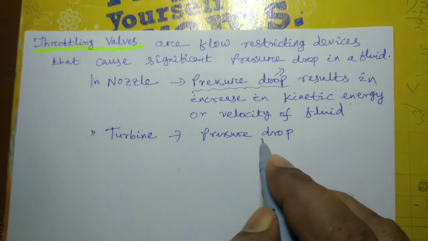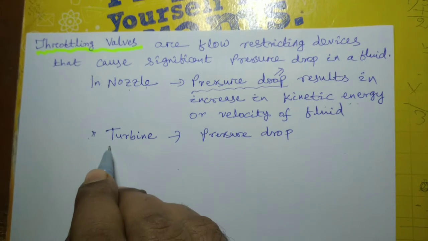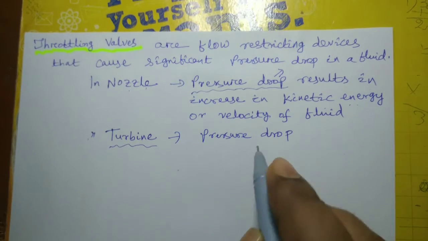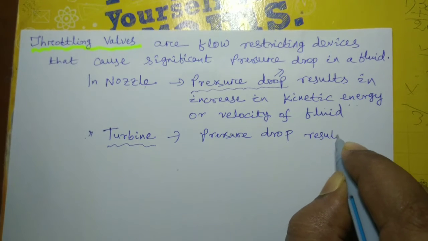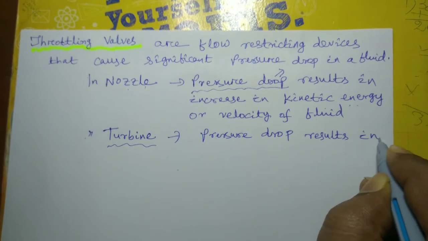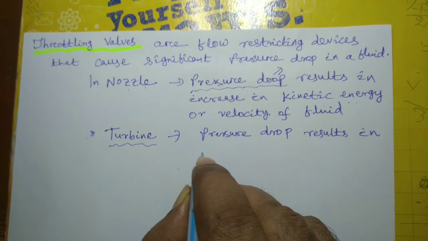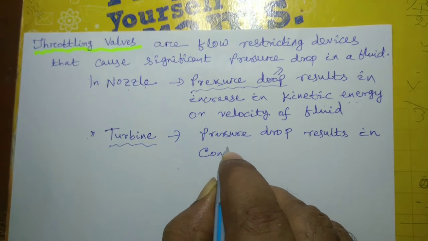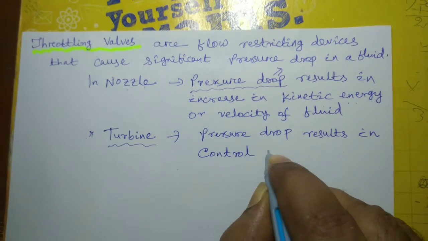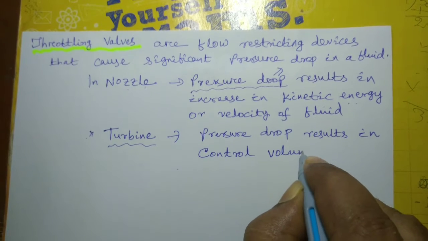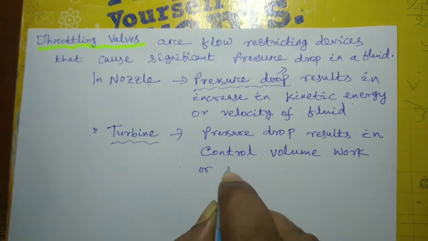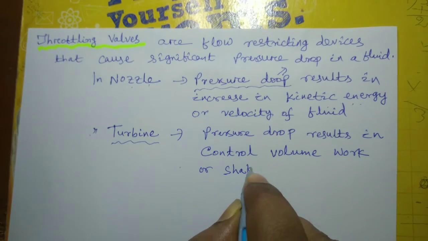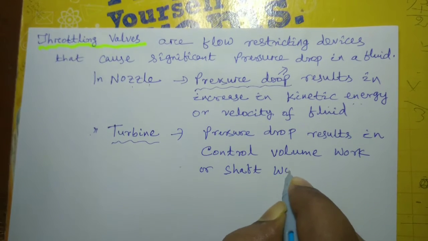We know that kinetic energy is half m v squared. In the case of a turbine, what happens? The pressure drop results in control volume work, or you can say shaft work.